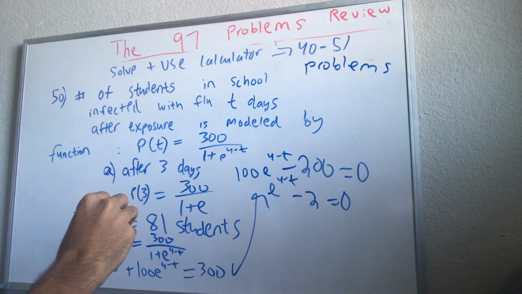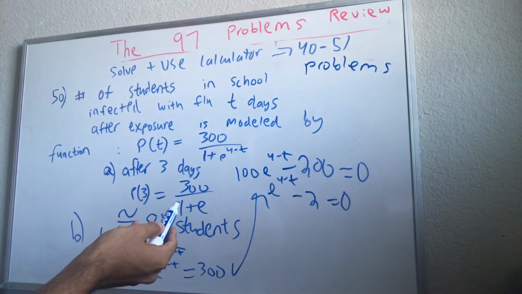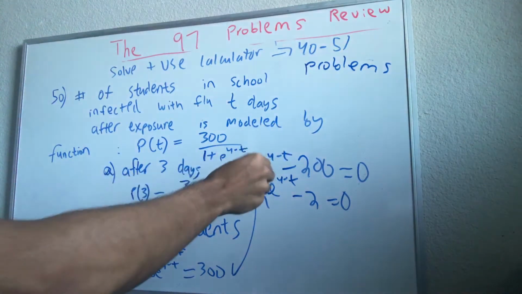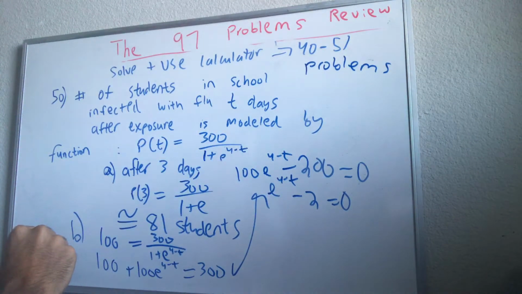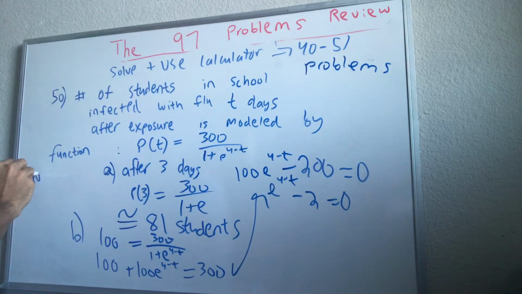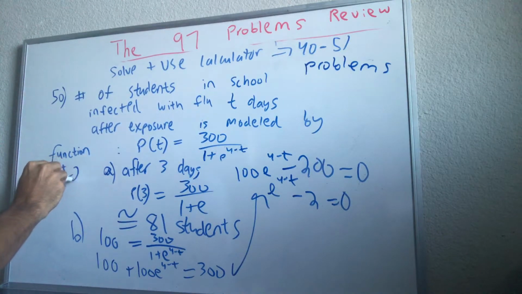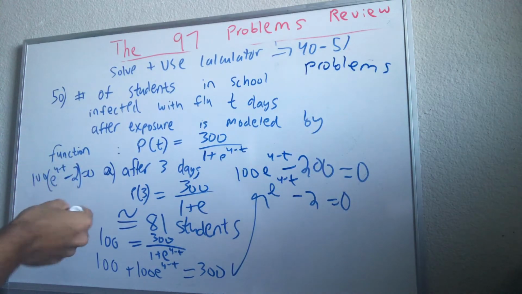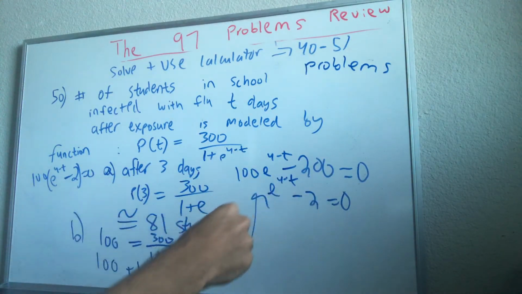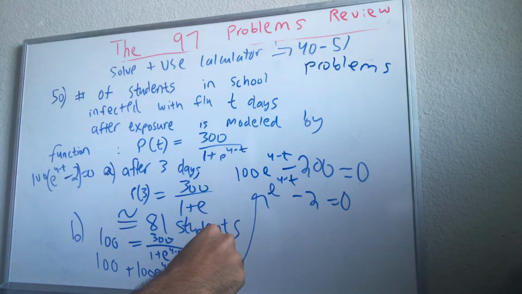What I did here is I just factored out the 100, and it makes sense because you could say 100 times e to the power of 4 minus t minus 2 is equal to 0. If you divide both sides by 100, you're still left with 0 here. So e to the power of 4 minus t minus 2 is equal to 0.